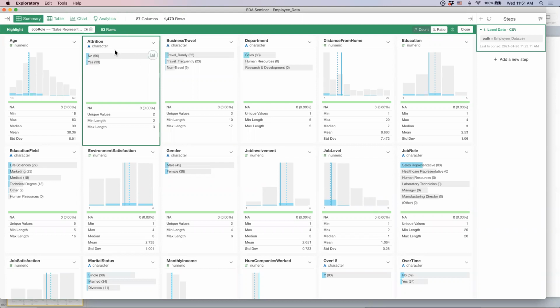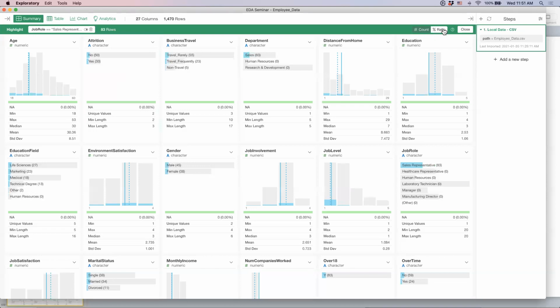So especially for this kind of categorical data, we want to use a ratio instead of a raw number. Against the whole population, meaning all the employees who haven't left or who have left, what is the percentage of the sales rep? And then we can see whether sales reps tend to leave the company more easily or less easily, and so on. So I'm going to click on this ratio button, at the top right-hand side.